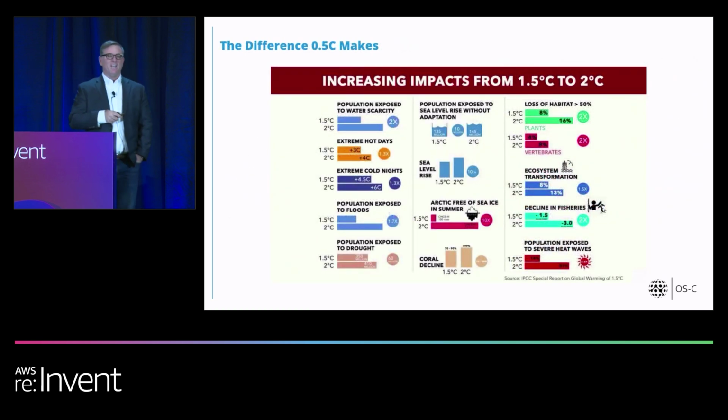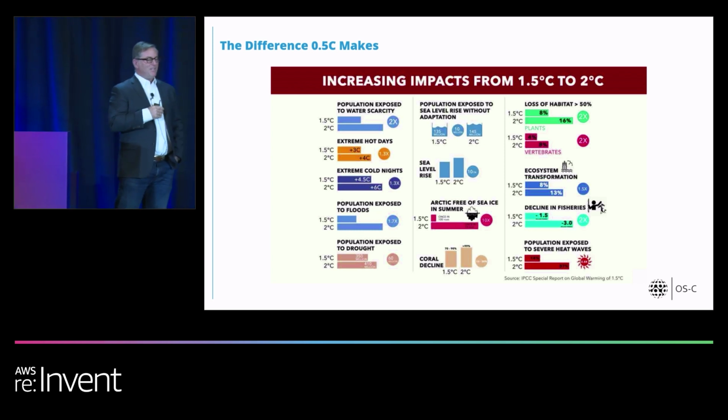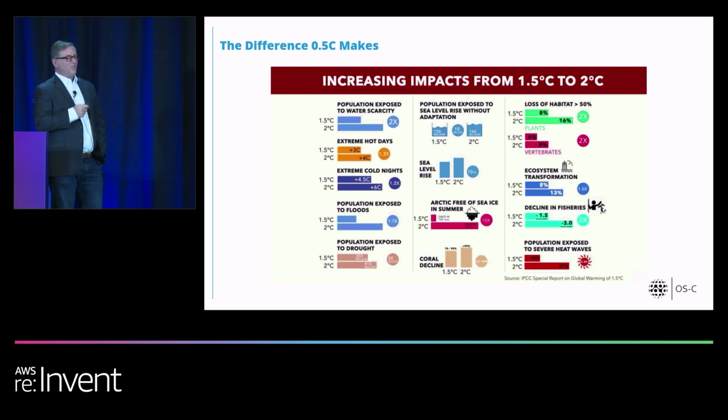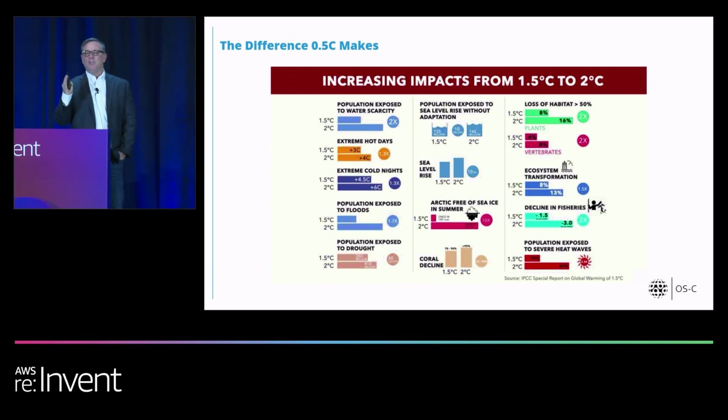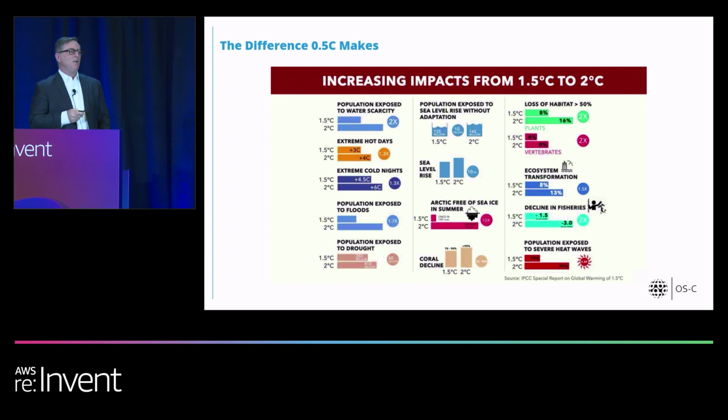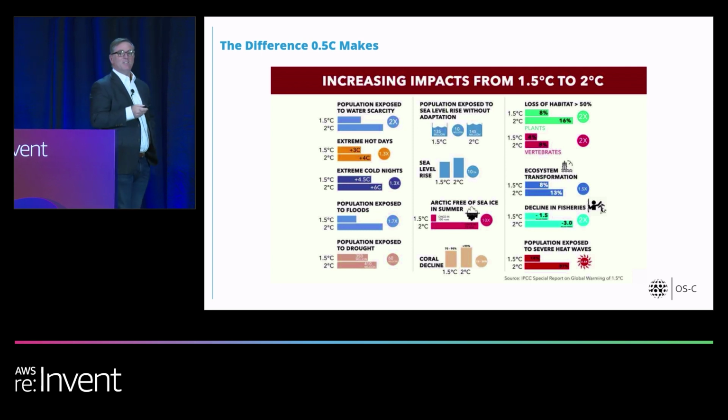But you also have to understand, if we don't hit 1.5 and it's 2 or 2.5 degrees, what does every half a degree that we miss the target cost, right? So population exposed to water scarcity, a half a degree increase is 2x, twice as many people, right? And you can see these numbers, and this is just 1.5 to 2.